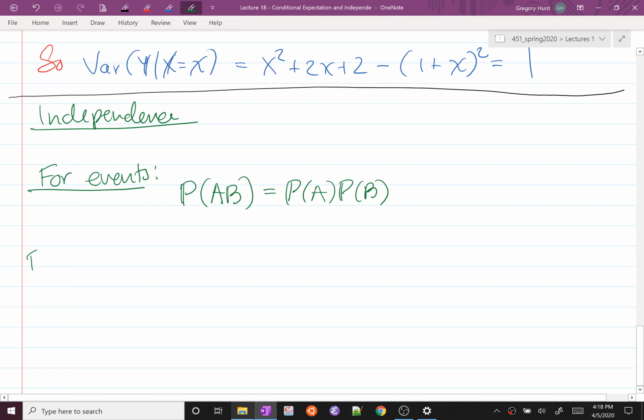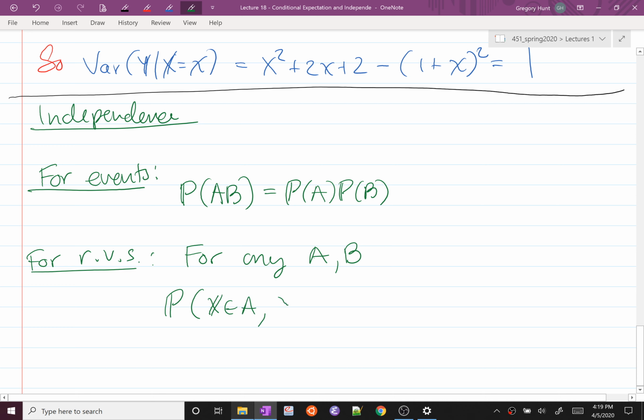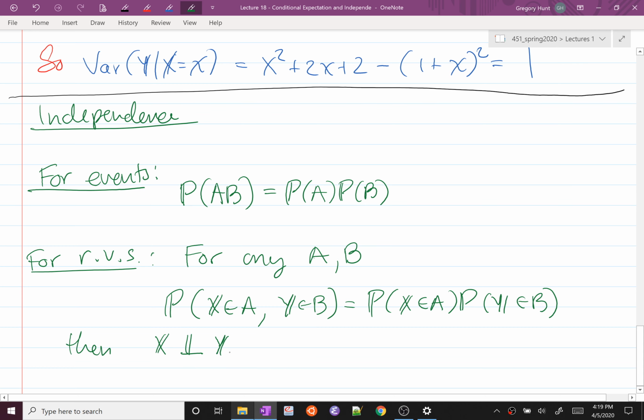And for random variables, if I have two random variables, x and y, what we're going to say is that if I pick any two events, A and B, if the probability x is in A and y is in B is just the probability x is in A times the probability y is in B, then x is independent of y.